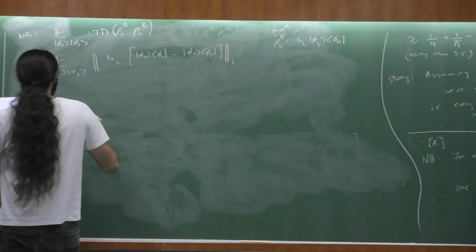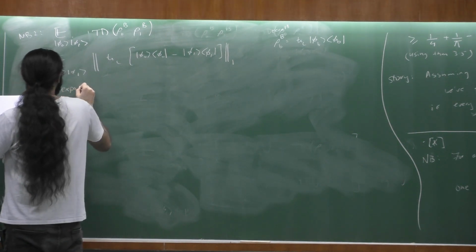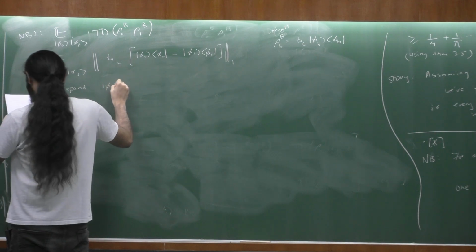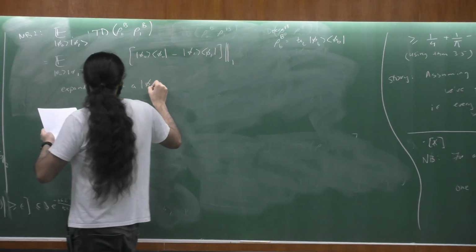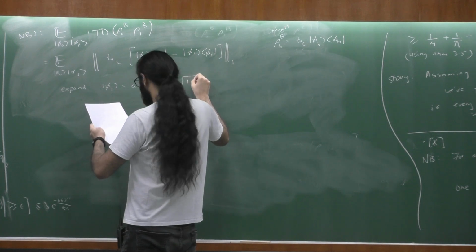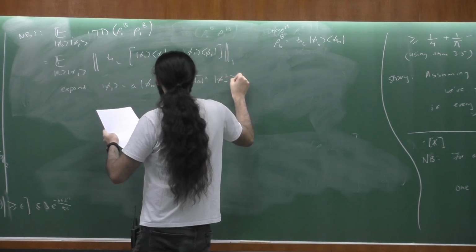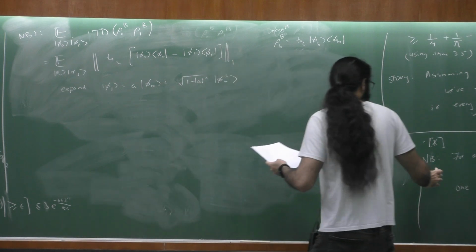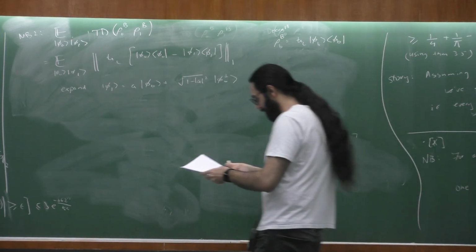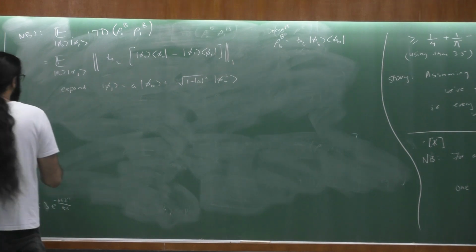Okay. And now what we do is we expand phi 1 as A times phi 0 plus root 1 minus modulus square of A times phi 0 perp, using essentially this expansion, and then we just substitute.